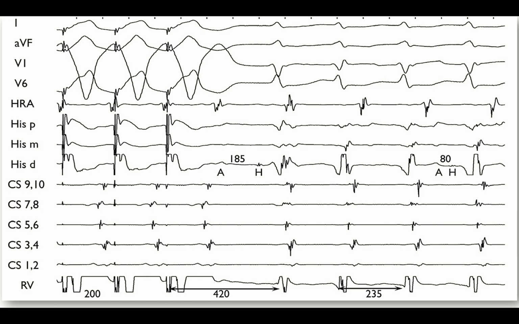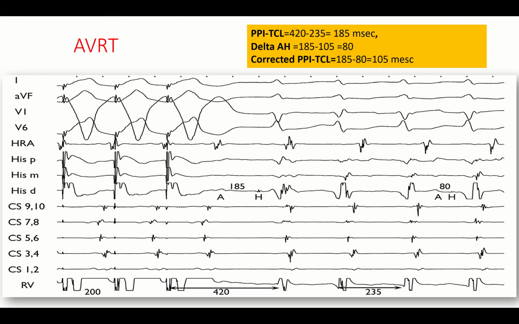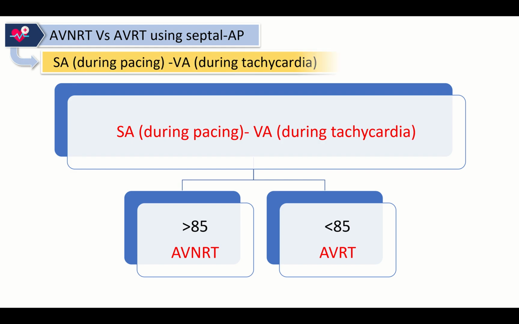However, if we measure the change in AH interval, the corrected BPI minus tachycardia cycle length is 105. So the corrected BPI is less than 110, it is a case of accessory pathway. So it is extremely important to assess delta AH interval as in this case.